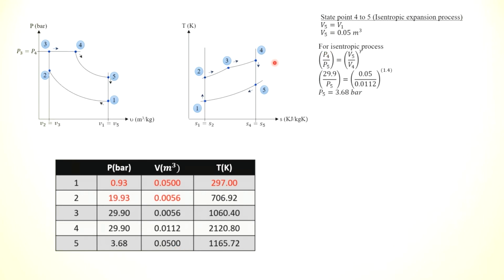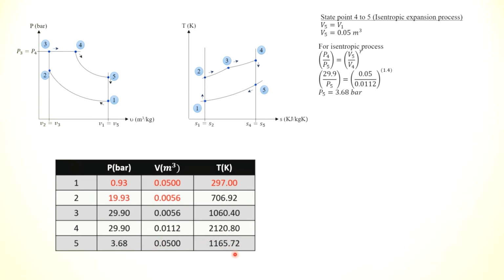The next one, the isentropic process, is 4 to 5. You can see 4 to 5 here is isentropic. So you take the power gamma, 1.4. P4 you have already known, and V5 and V4 you have already known. You can find your P5, 3.68 bar.